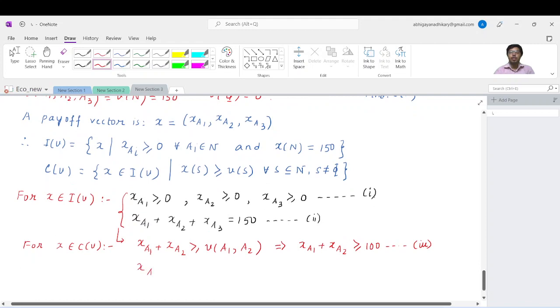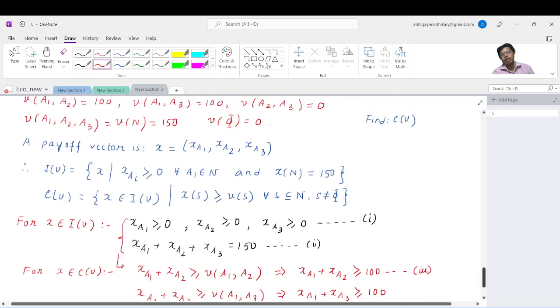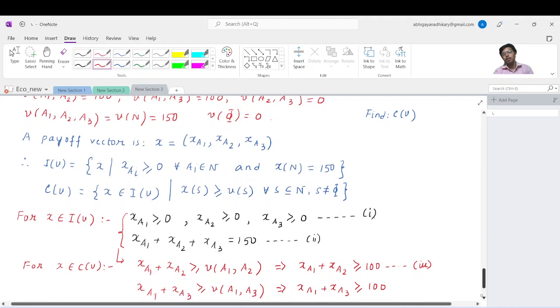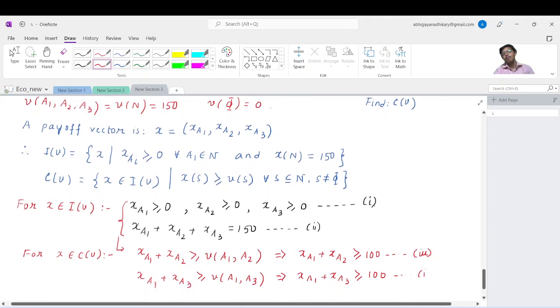Similarly, the next coalition may be a1 and a3. That should be greater than or equal to v of a1 a3. So that boils down to x of a1 plus x of a3 should be greater than or equal to 100, because v of a1 a3, as you can see, is 100. So this is my equation number 4.